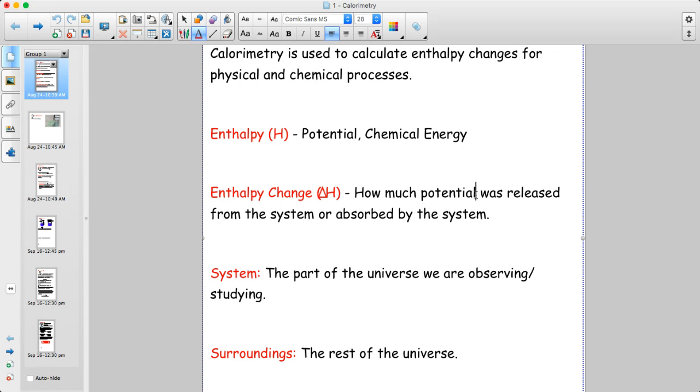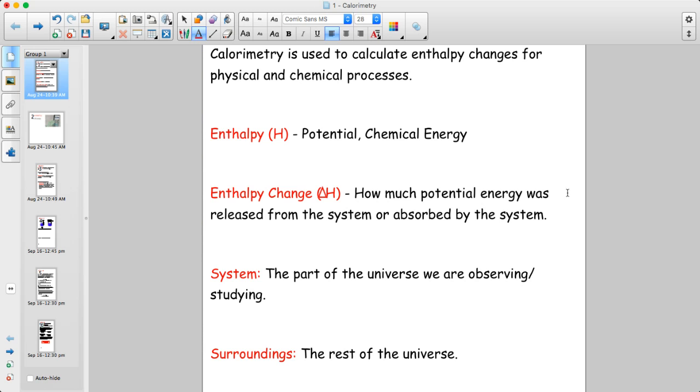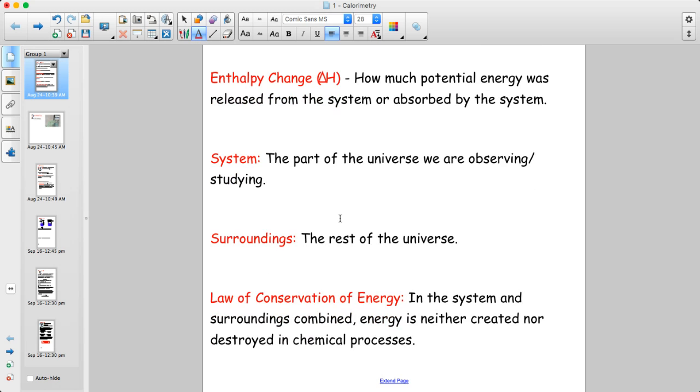I should say how much potential energy is released from the system or absorbed by the system. So when you have reactions that release a lot of heat, such as combustion, the enthalpy change for that is going to be negative and is releasing heat to the environment. And I'll go into that more specifically.